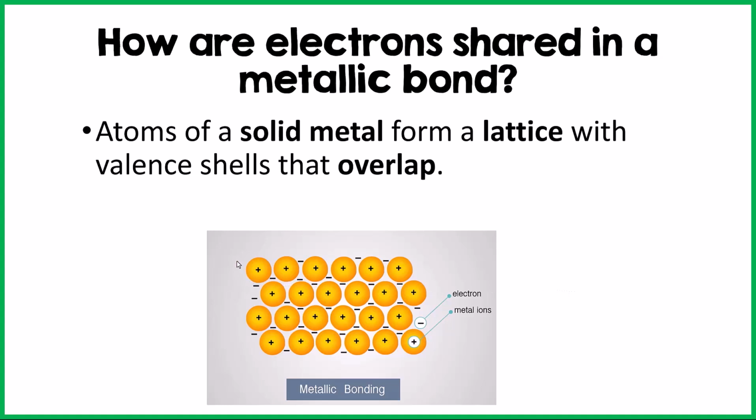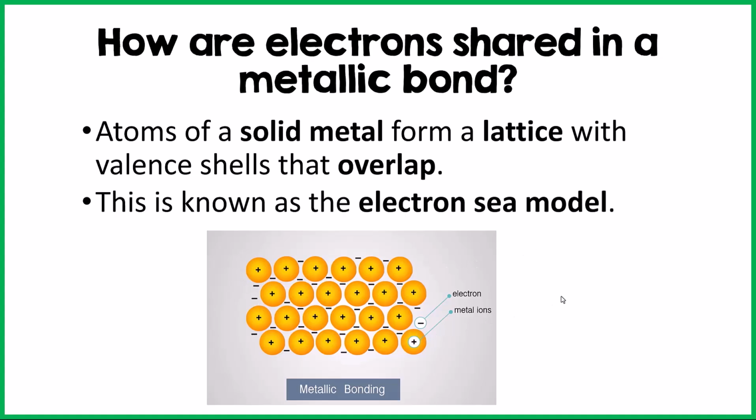First of all, we're not talking about a compound, we're talking about a solid metal. And these atoms of a solid metal here, so just one element, lots of atoms of one element, are stacked up close to each other, and the electrons are surrounding them.